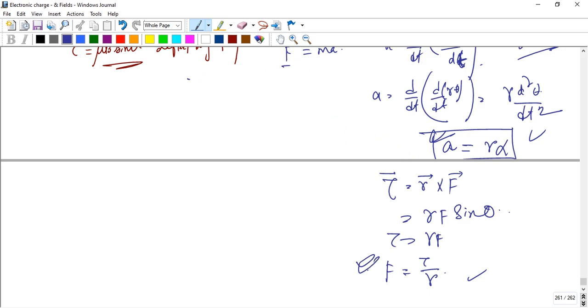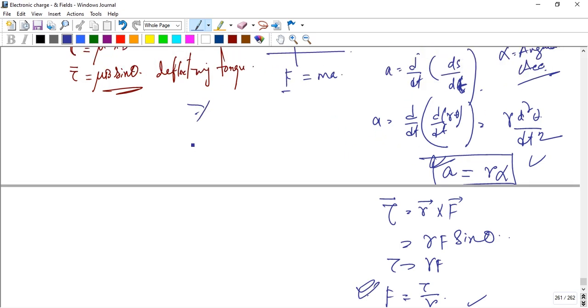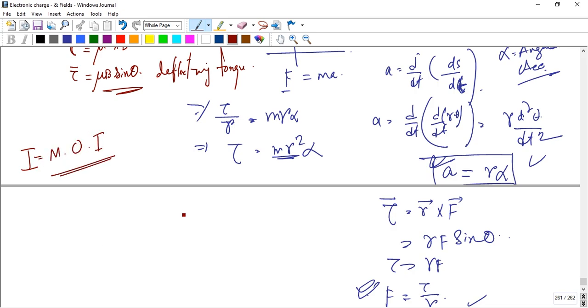These two, a and F, we put into Newton's second law. So F is replaced by tau by r, with m as it is, and a is replaced by r alpha. So finally we get tau equals m r square alpha. So m r square is equal to I, the moment of inertia. So the final expression we get is tau equals I alpha.